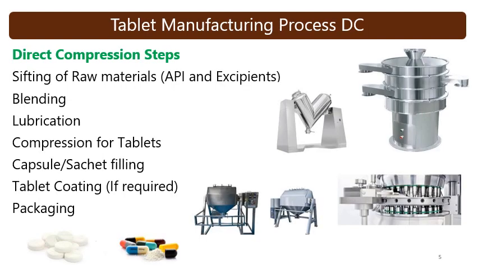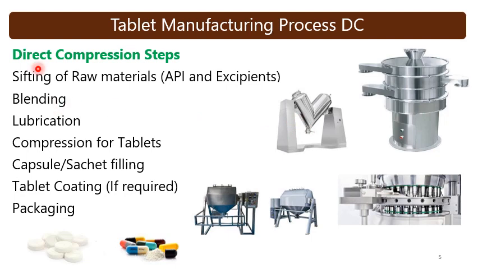So process steps are the shifting of raw materials, that is API and excipients. Here I have shown the shifter. This contains the sieve and the materials are shifted through this shifter. Then blending and lubrication is done. So this is V blender, this is octagonal blender. In this blender, the material is filled and then it is blended and final lubrication is done. After that, the lubricated blend will be there.